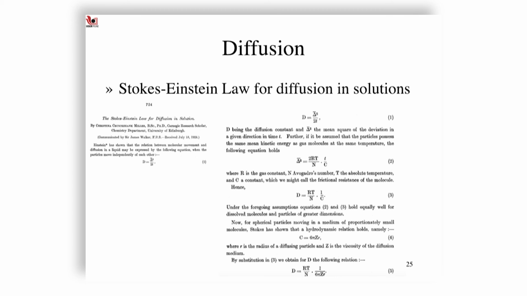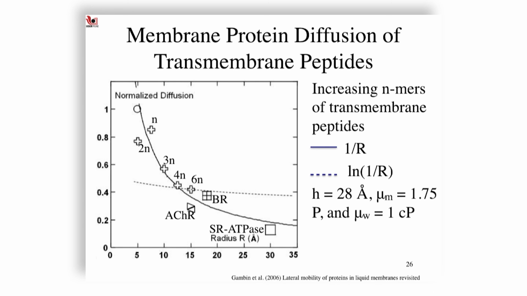Now, funnily enough, when you look at membranes, on the x-axis you're looking at radius in angstroms. If you take 1 by 10 of that, it is nanometers. And for different proteins, there is the 1 by R dependence. Remember, 6 pi eta R is in the denominator.